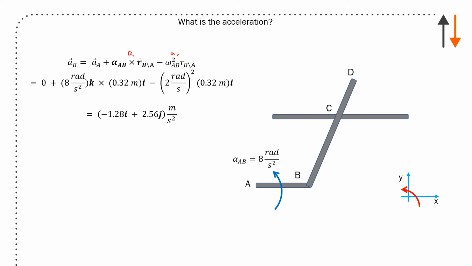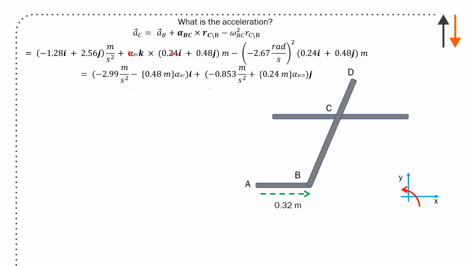So I put in the terms, 8 rads per second squared k, 0.32 meters, which I have as the distance, and 2 rads per second, 0.32 meters i. So again, same thing as before. And I end up with minus 1.28 i, 2.65 j meters per second squared for the acceleration of B.